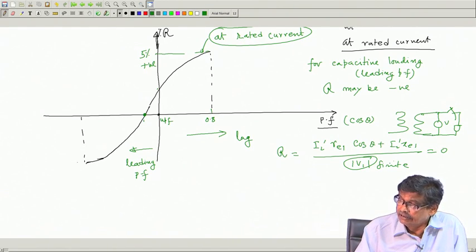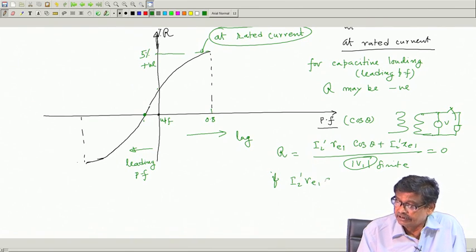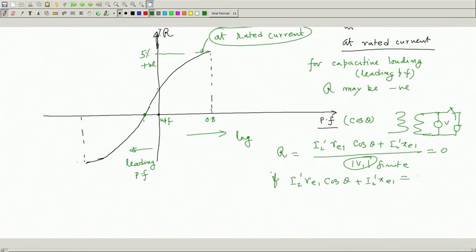So, this will become 0 if I2' Re1 cos theta plus I2' Xe1 sin theta is equal to 0. Only then it will be 0.